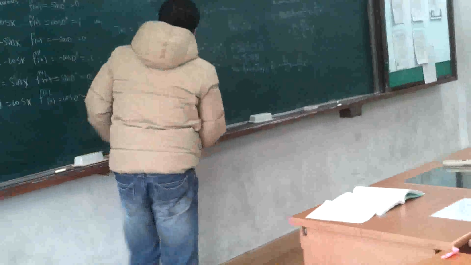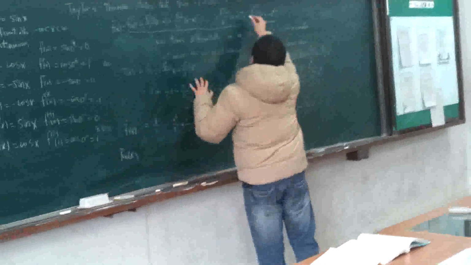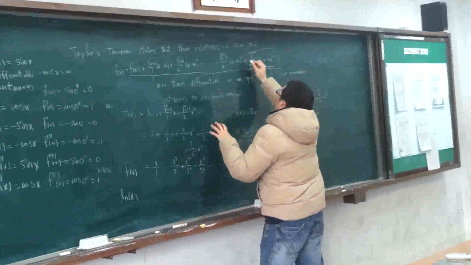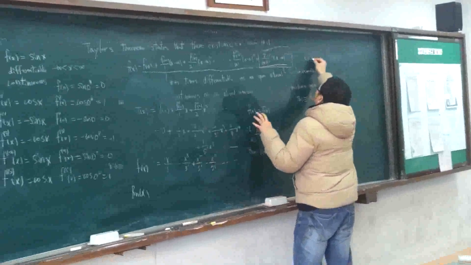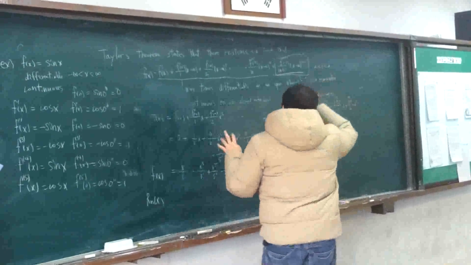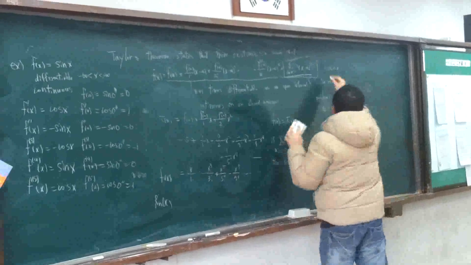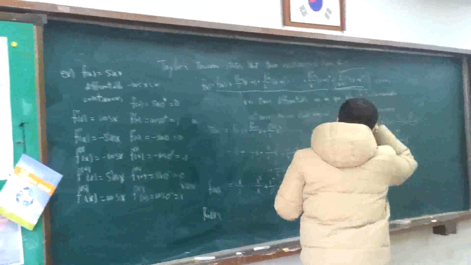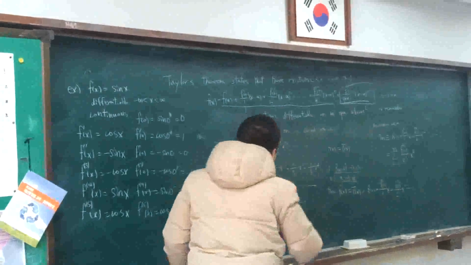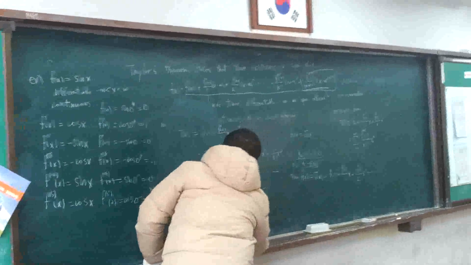The remainder term is here, where c is between. So in this case, a equals 0, like this. Then the remainder term is.